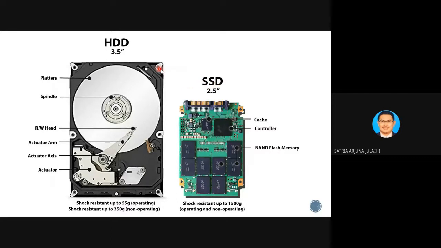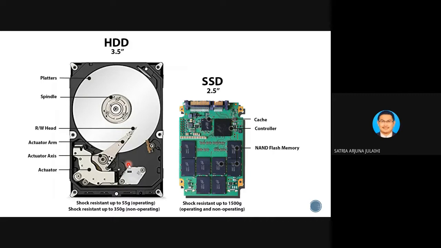If you look at the picture here, HDD has a platter, like the CD just now, and it has a read-write head. So this is what we call mechanical. It works in a mechanical manner. Dia menggunakan alat ataupun bahagian yang bergerak di dalam komponen dia untuk melakukan proses.